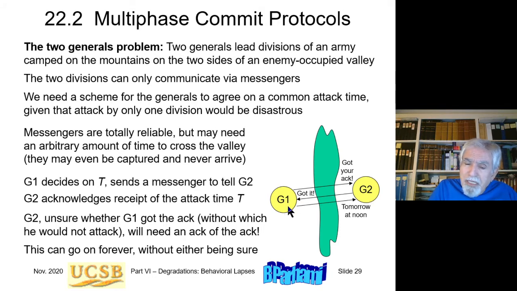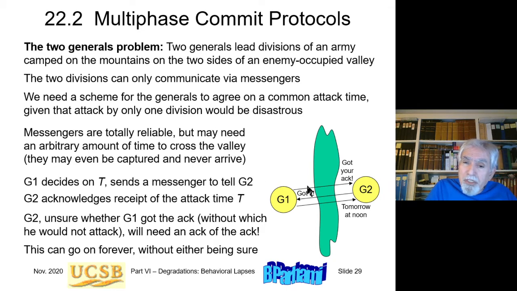So General 1 decides that tomorrow at noon is a good time to attack, sends a messenger to carry this message to General 2, so that General 2 also attacks tomorrow at noon, and therefore their actions are coordinated.